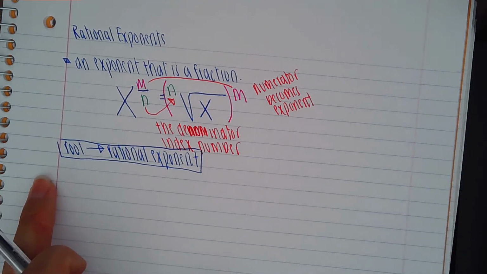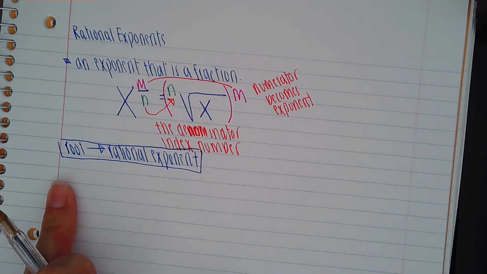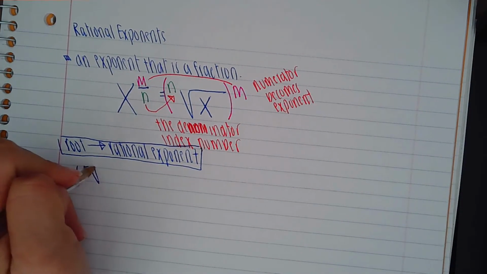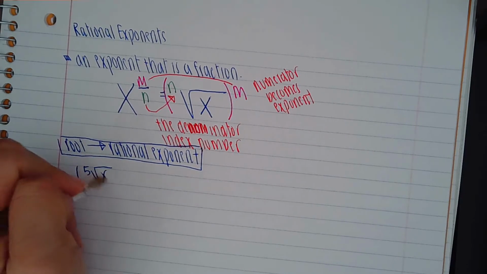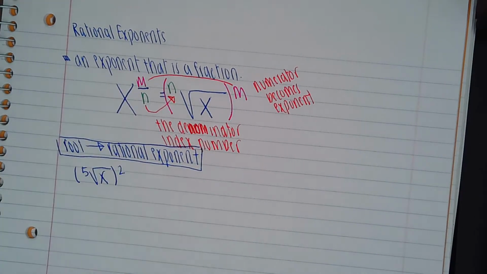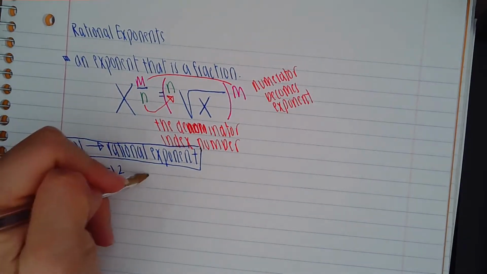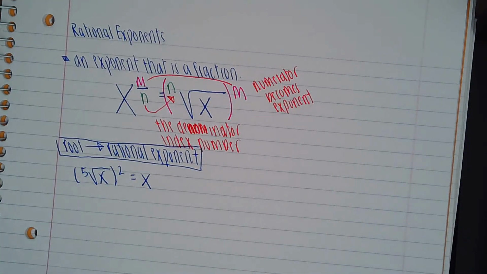Okay, this is how I like to write it. Let's say that I have the 5th root of x raised to the second power. Well, remember, whatever's in the radical, that's actually your base number.